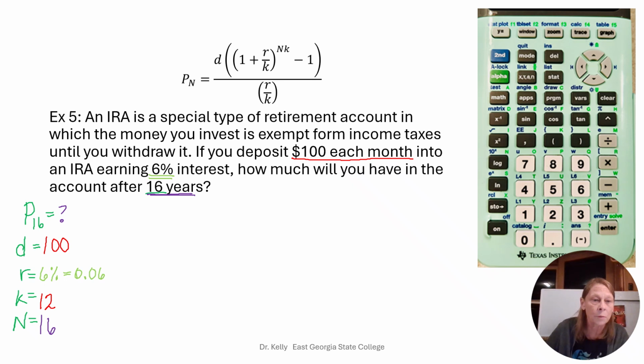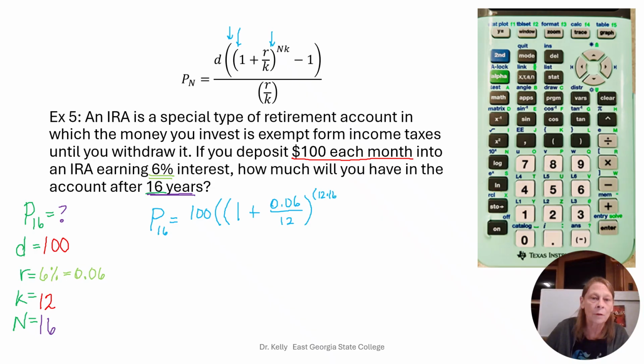This one looks a little bit different, but still the same practice. P sub 16 is equal to D, which is 100, open, open, see that? Two opens in the formula. 1 plus our R, 0.06, over our K, which is 12, close, to the power of 12 times 16.